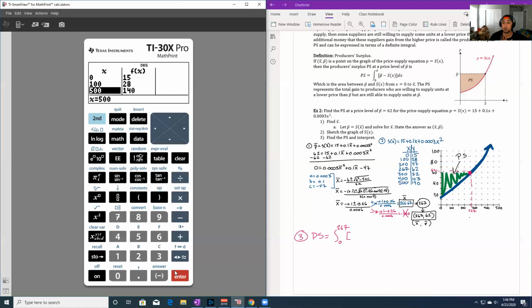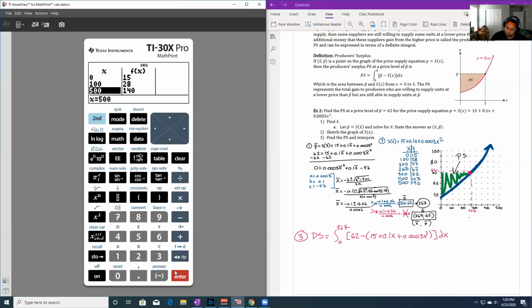So 62 minus S of x, which is 15 plus 0.1x plus 0.0003x squared dx.